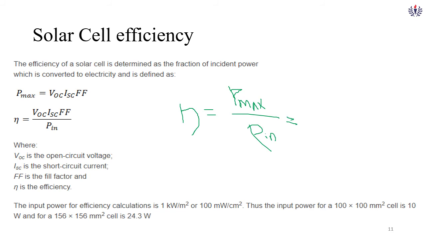This maximum power, as we have discussed, is VOC into ISC into fill factor, divided by input power.